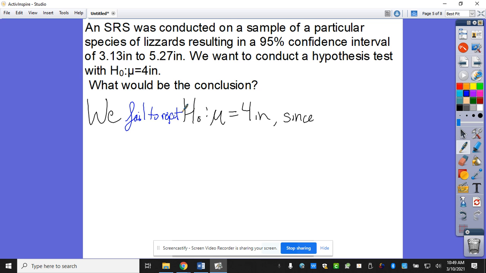So what do you think we would write now? Why did we make the decision that we failed to reject it? It falls where? Falls in the confidence interval.